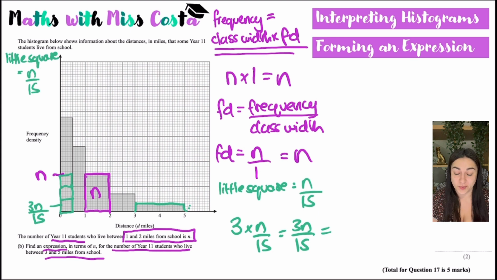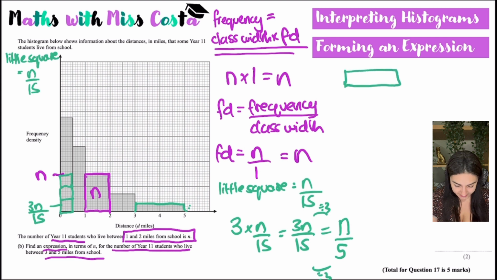It's always easy to work with simplified fractions, but you have a calculator, so it doesn't really matter. So that would just be n over 5 because you divide both top and bottom by 3. So the frequency density of my desired bar is n over 5.